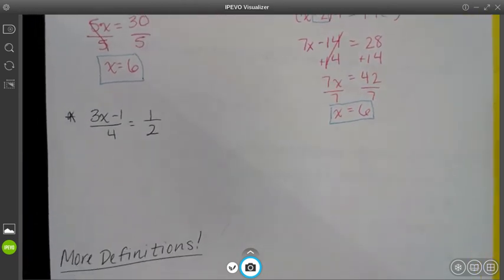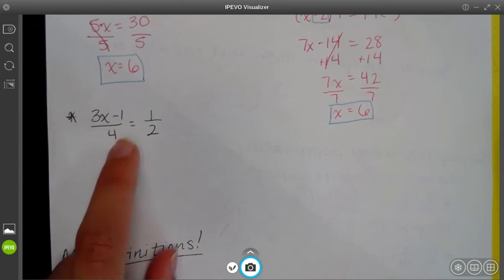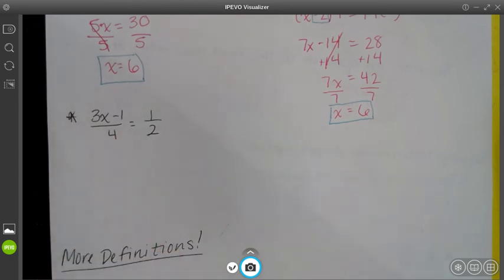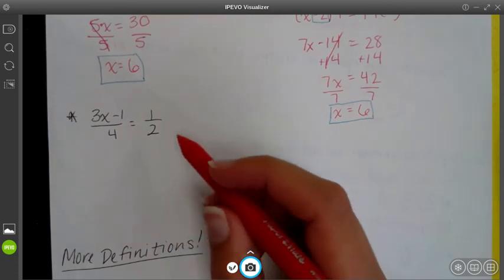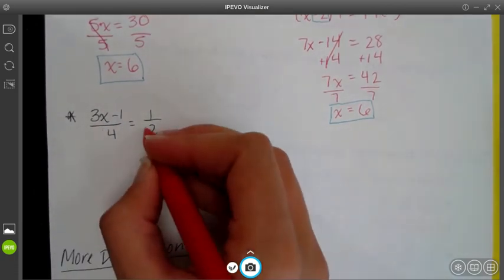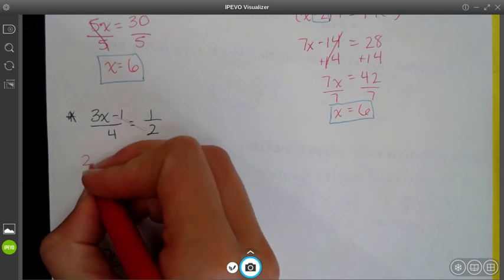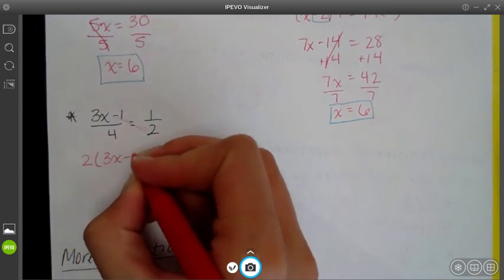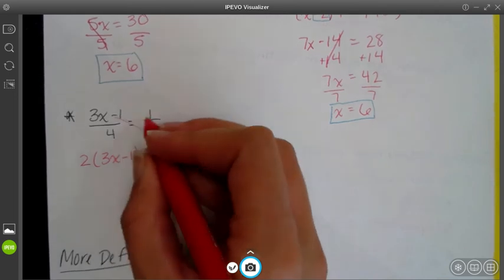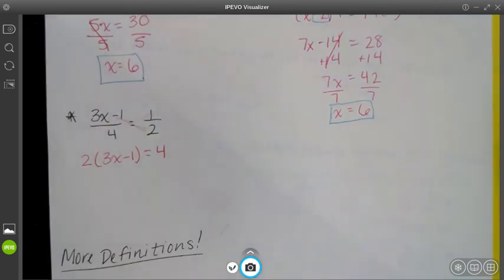Let's look at this third one. I encourage you to pause here and attempt this one on your own. All right, let's do it. I'm going to do cross products across here. So I'll do 2 times 3x minus 1, and that's equal to 4 times 1, which is just 4.